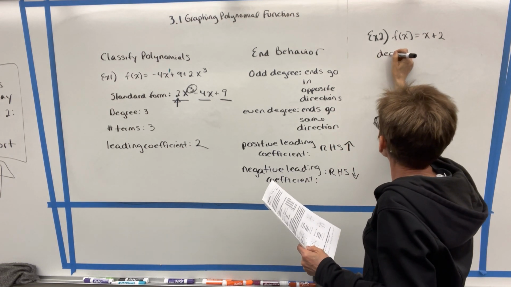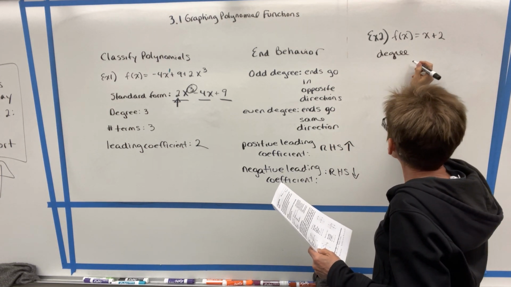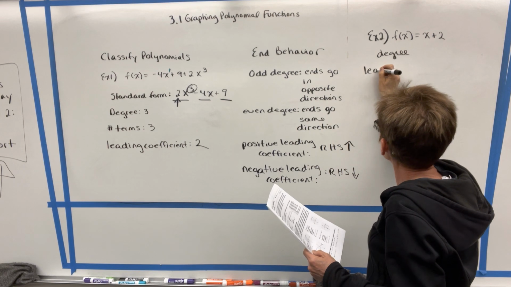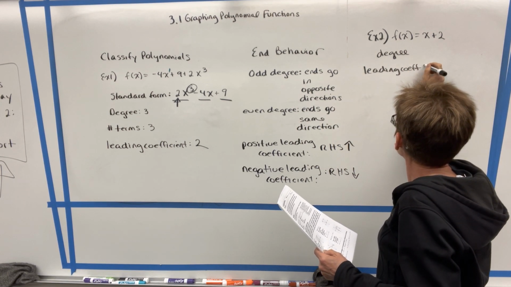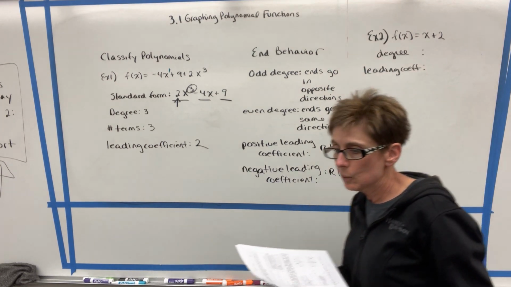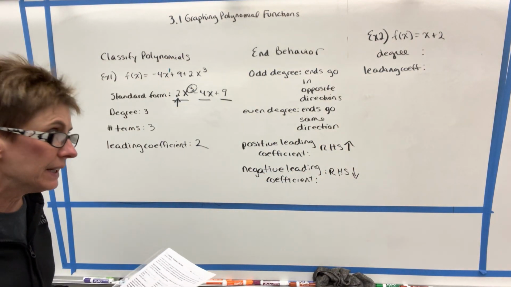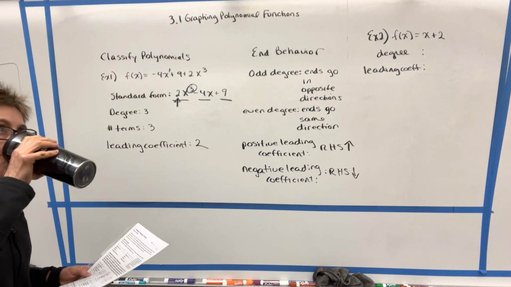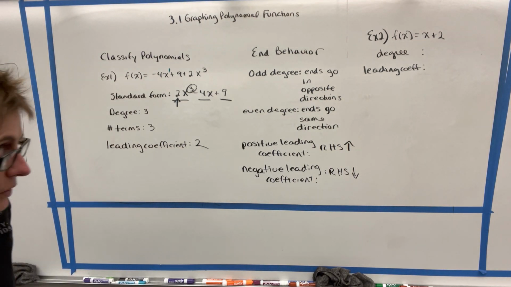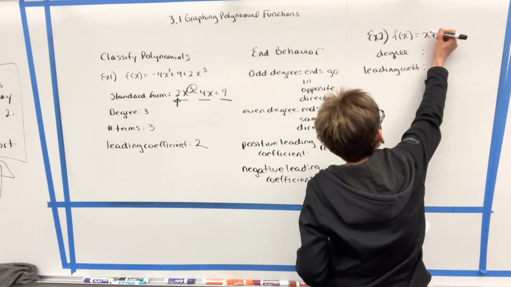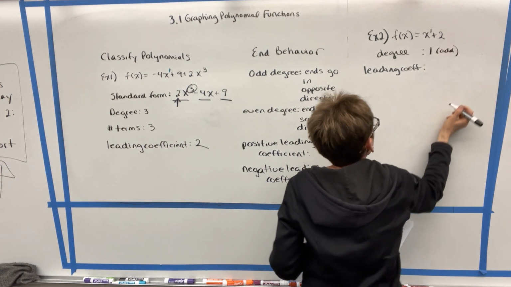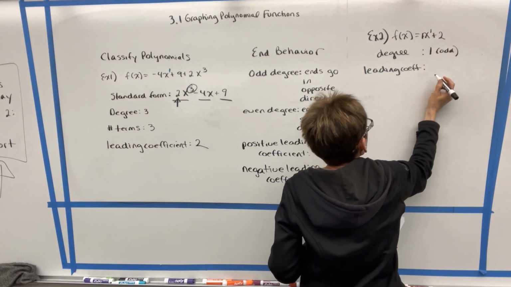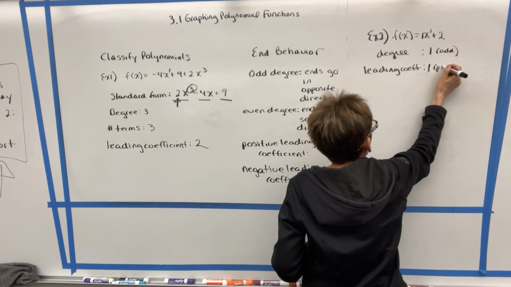I'd like to see if you can write what is the degree and what is the leading coefficient. The degree is going to be 1 because of the power of 1 right here, which is an odd number. The leading coefficient is also 1, which is positive.